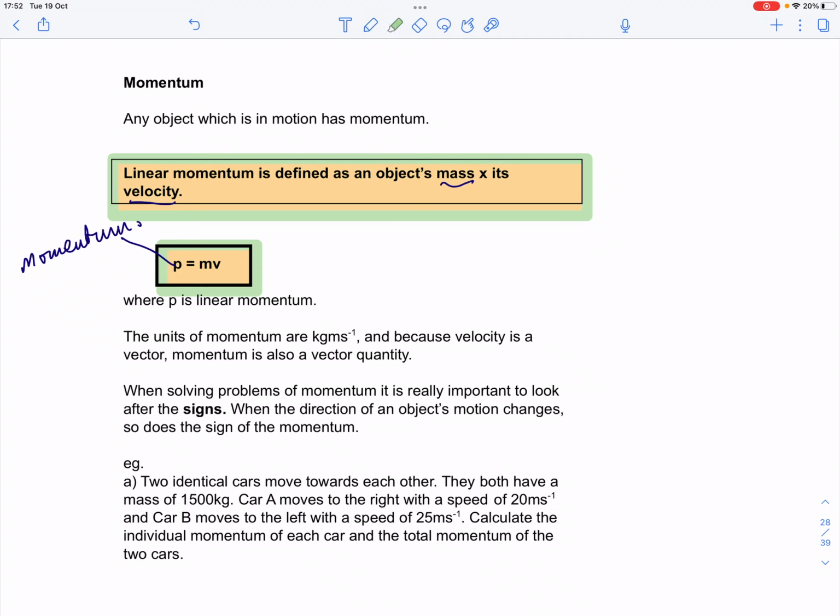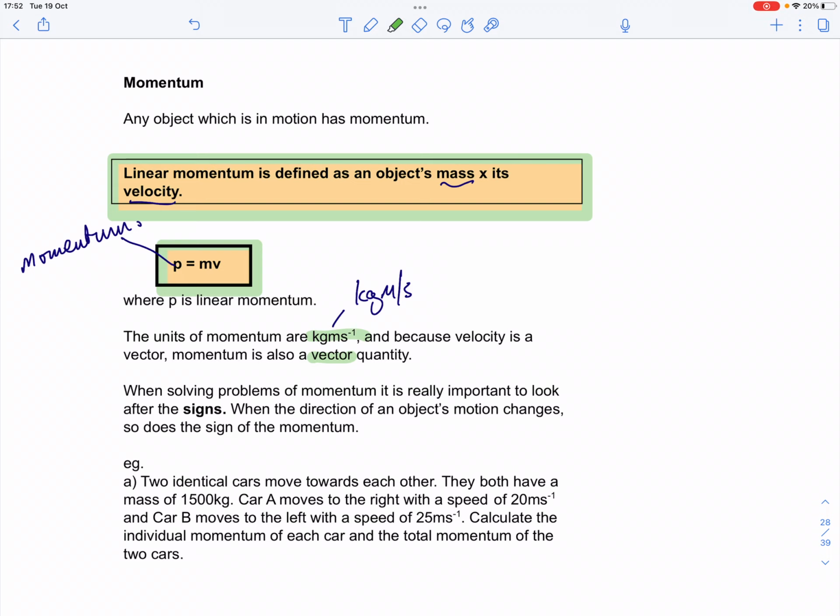In terms of units, the units are kilogram meters per second. You can either write it like that, or you can write it kgm/s, where the slash s, 1 over s, is equal to s to the minus 1. Those two are equivalent. It's also a vector, because velocity is a vector, so momentum is a vector as well.